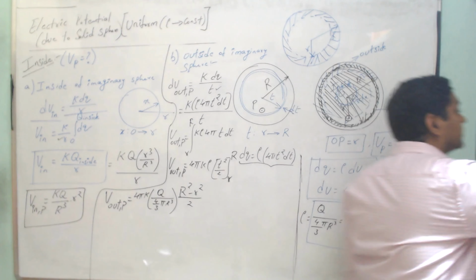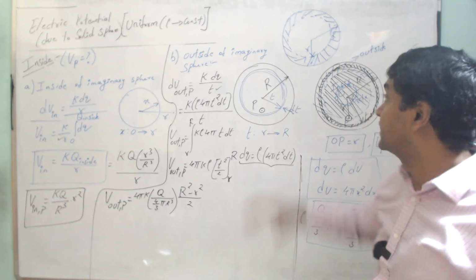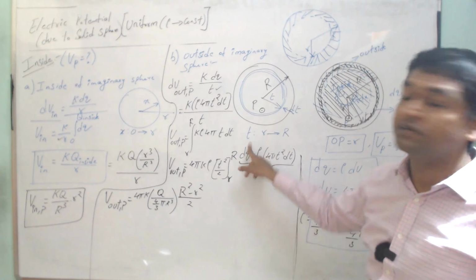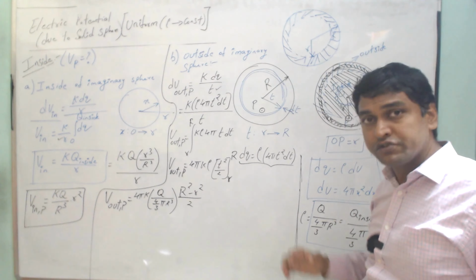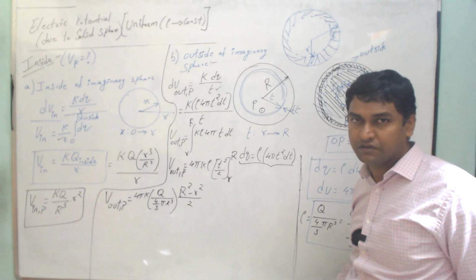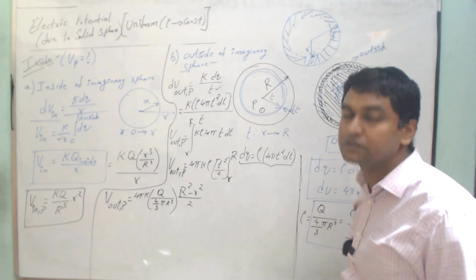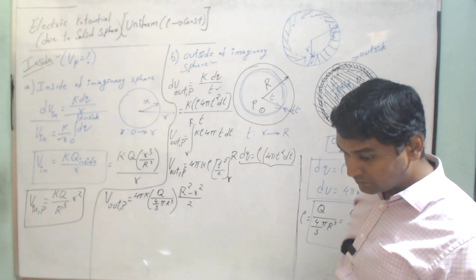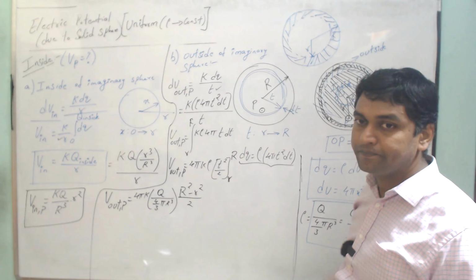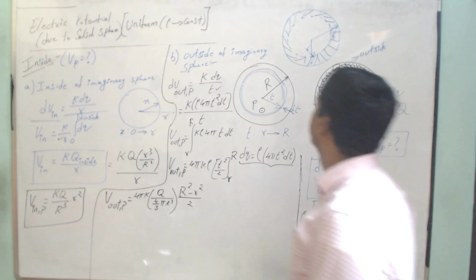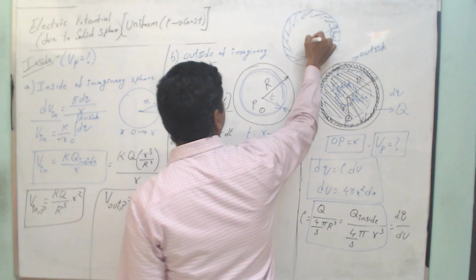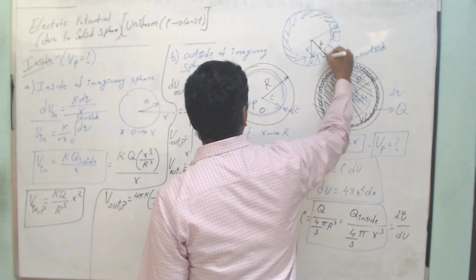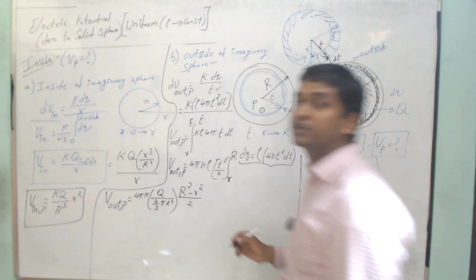For the outside region which I have just highlighted, I have chosen a new variable t, which is also a radius. From the center to a radius of t, I chose a small thickness dt hollow sphere.